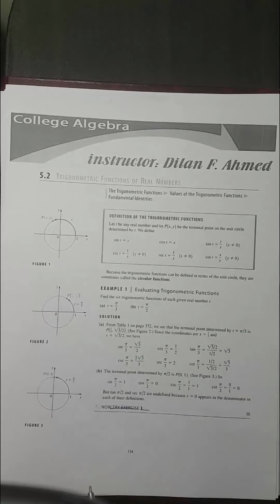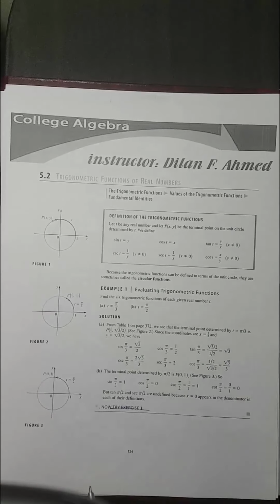For this they are very important, and you know cosine and sine here are positive. In the second quadrant just sine is positive, cosine negative.